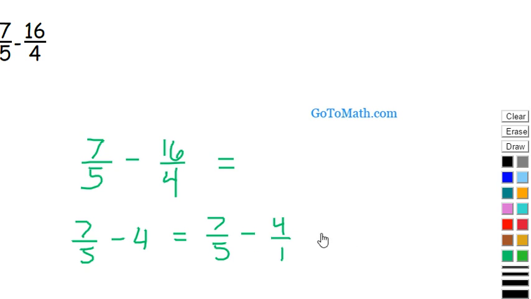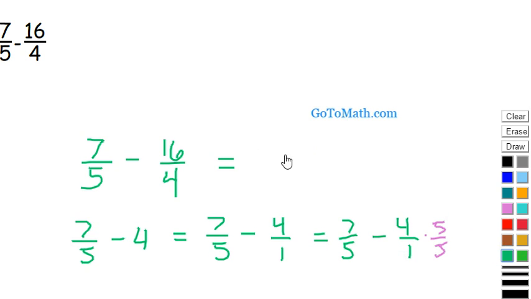We can now rewrite this as 7/5 minus 4 over 1, but guess what we're going to write over here? A 5 over 5, because 5 times 1 is 5. So now we have a common denominator. I guess we'll just continue right over here.